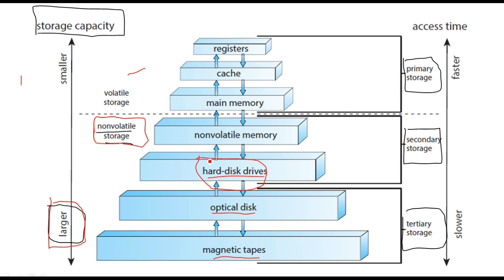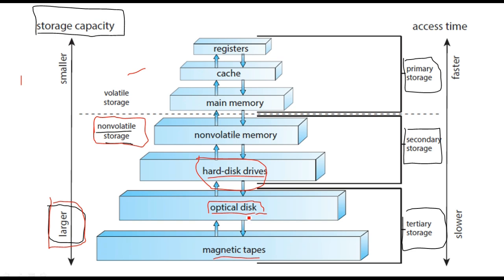In a larger sense, however, the storage structure we have just described also includes optical discs and magnetic tapes, like the CD-ROM, the Blu-ray disc and DVD drives. These are the optical disks. These storages also store the data on a permanent basis.